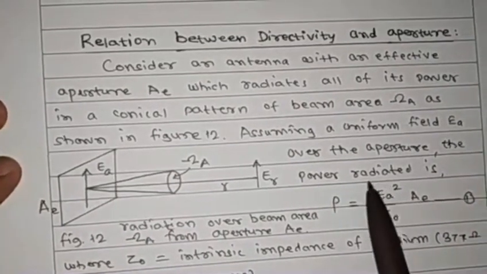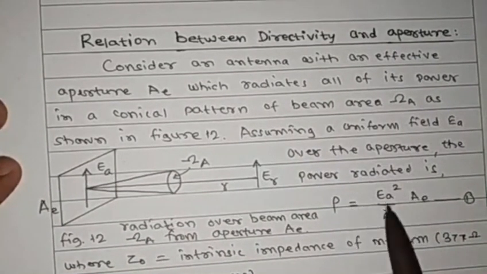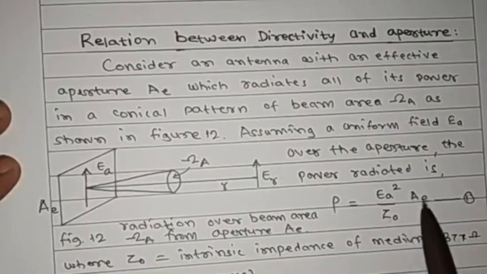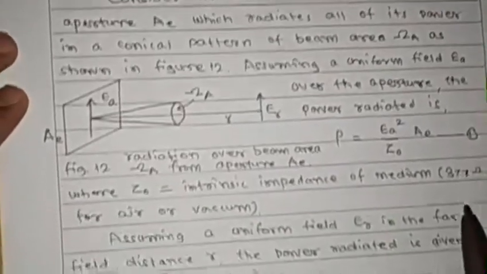Now the power radiated by the antenna is given by the square of the field again divided by the impedance, which is the intrinsic impedance of the free space. Its value is 377 ohms, multiplied by the aperture, effective aperture of the antenna.